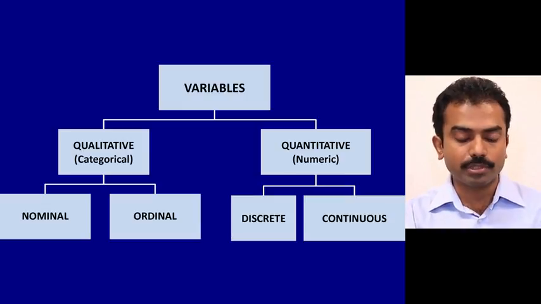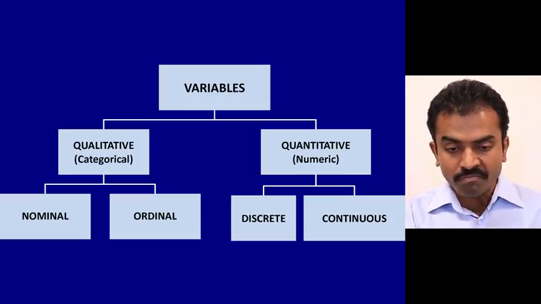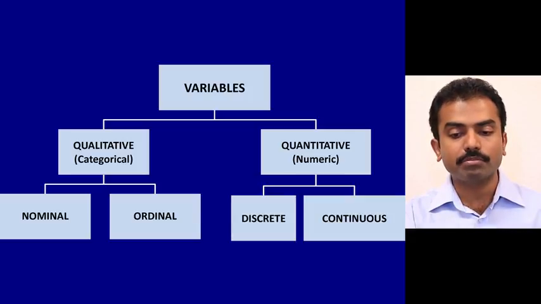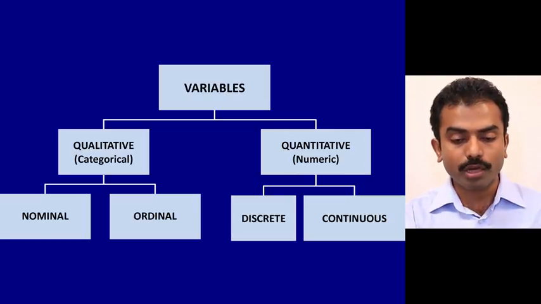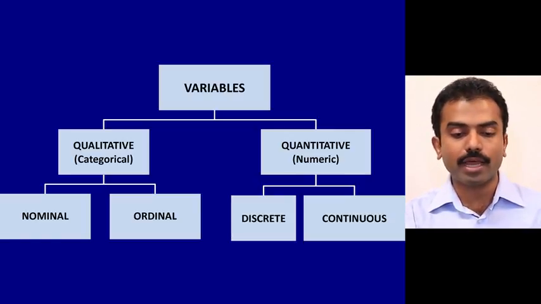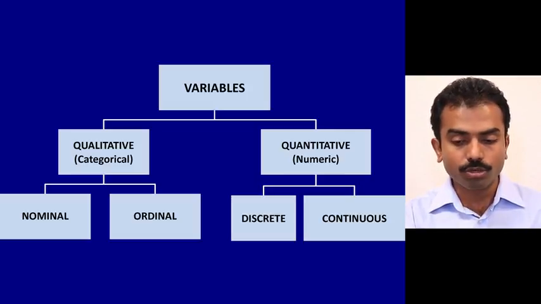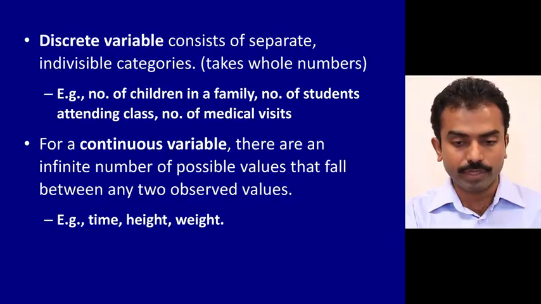Let's take some examples to understand this further. Quantitative variables are further divided into continuous variables and discrete variables, whereas qualitative variables can be further divided as nominal variables and ordinal variables. Let's go through in detail of each of them.